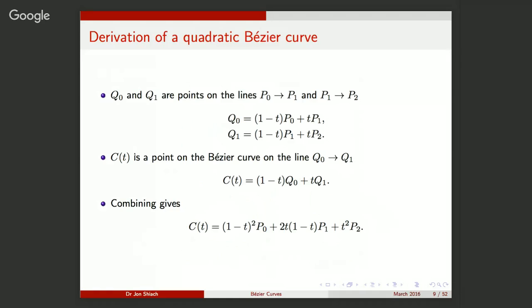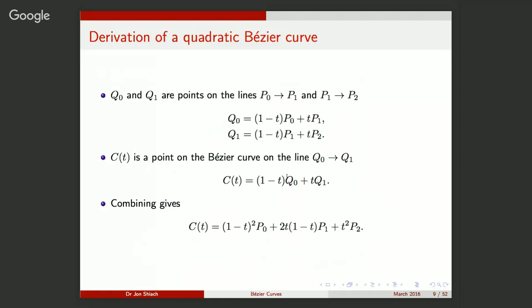Now, I'm going to define C(t) as my point on my curve. So C(t) is going to be the point on my Bezier curve. Now that's on the line between Q0 and Q1. So using the parametric equation of a straight line, we have (1 minus t) times Q0 plus t times Q1.